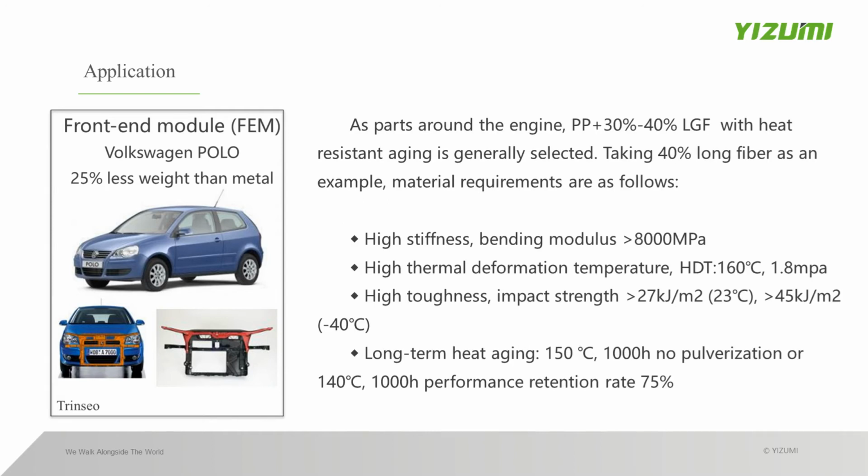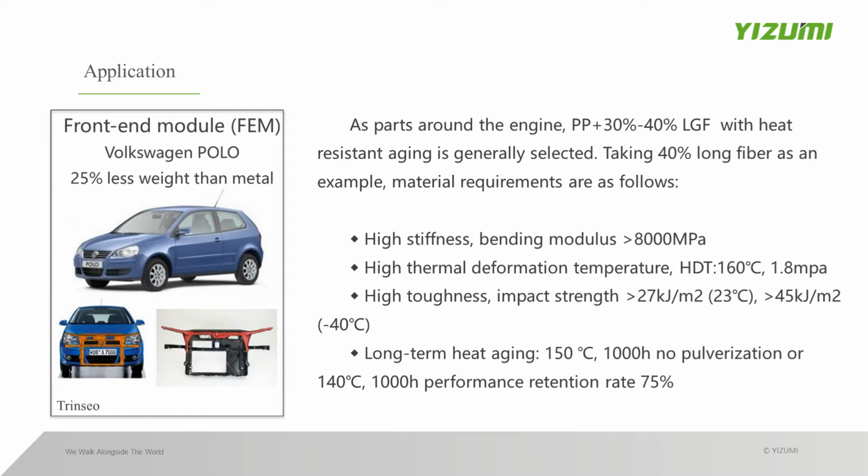You can see here, from the point of view of material, it's mainly to ensure long-term thermal aging properties and the molding properties. So it's very necessary to add optimized thermal stabilizer additives in the recipe.